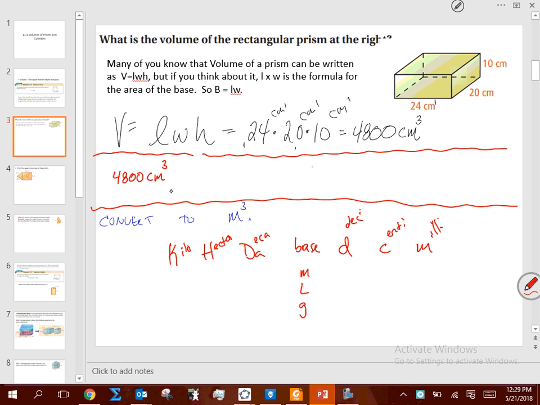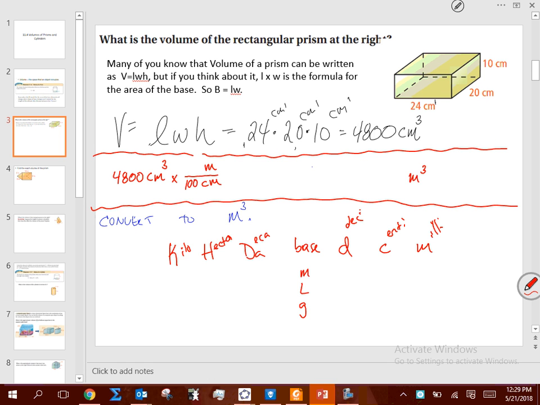Okay. When I take cubic centimeters, and I want to get to cubic meters, it's called dimensional analysis. And basically what we're doing is we're just using conversion facts. Okay. And one of those conversion facts is that we know that meters and centimeters directly relate to one another, right? How many centimeters are there in a meter?